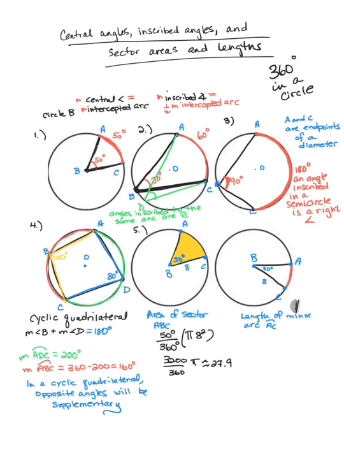All right, so let's take a look at number 6. For question number 6, I'm going to find the length of this minor arc, AC. So when you're dealing with the length of an arc, the length of an arc would be a piece of what? Yes, it would be a piece of a circumference.